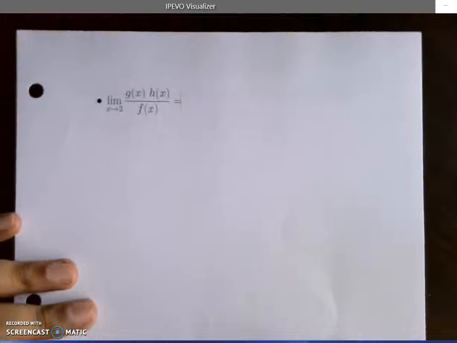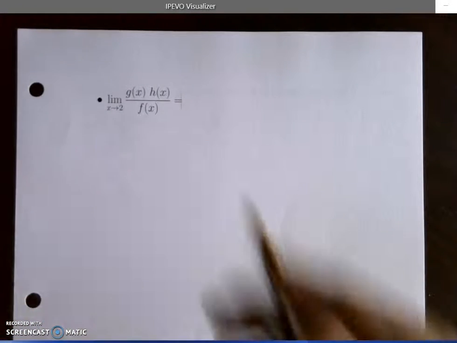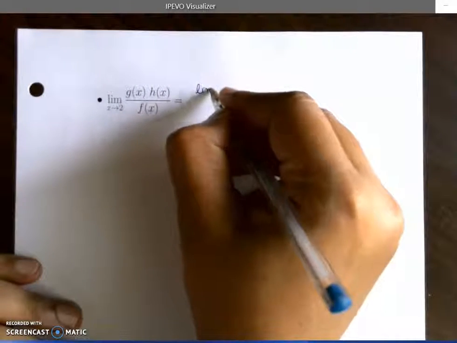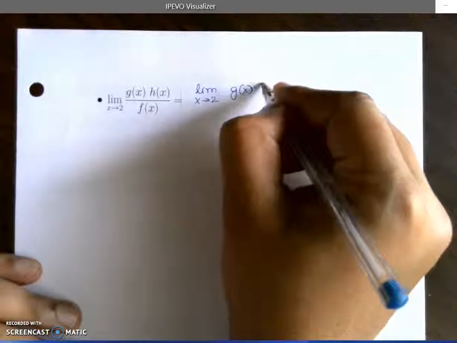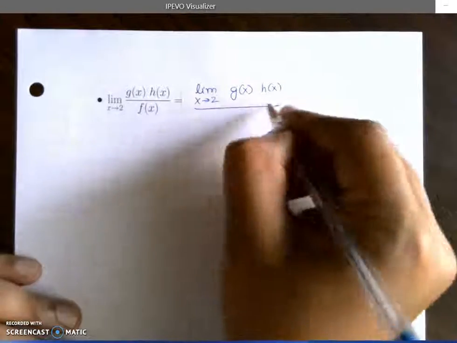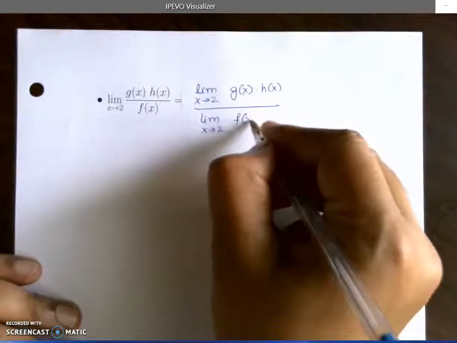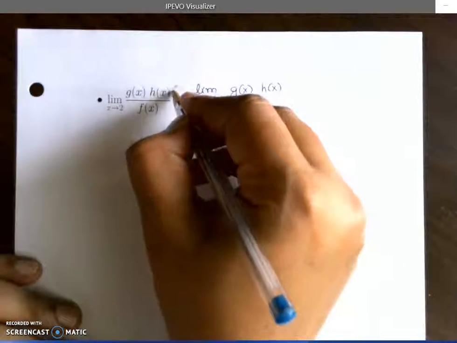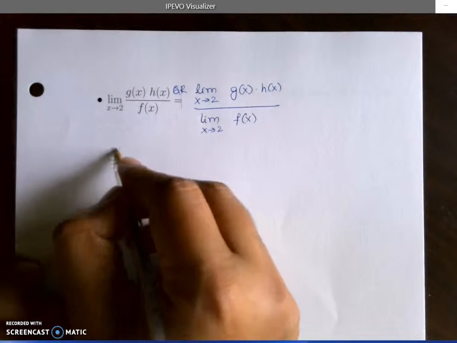Now let's look at another problem, the limit of the function given here. First you will apply the quotient rule, and write this as limit x approaching 2 of g of x times h of x divided by the limit x approaching 2 of the function f of x. Then you are going to apply the product rule here.